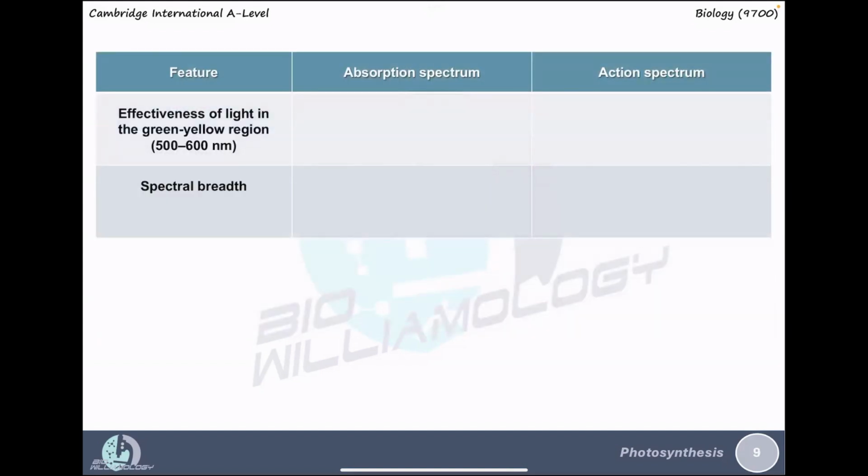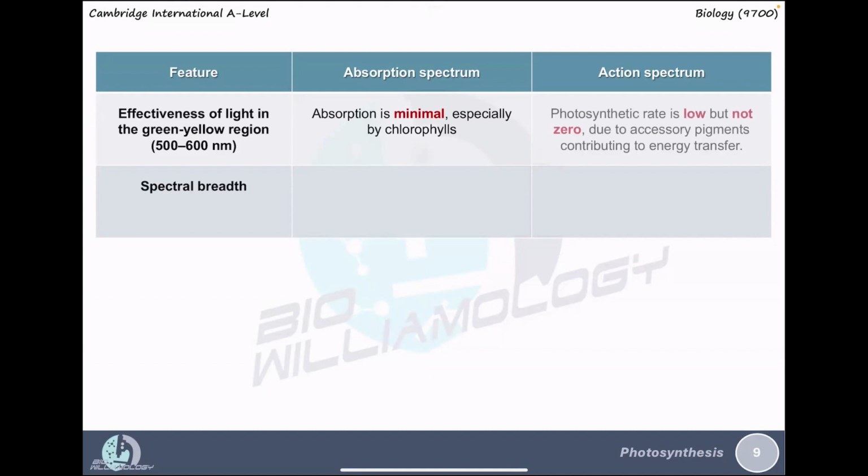Effectiveness of the light in the green-yellow region, about 500 to 600 nanometer. Absorption is minimal, near to zero, particularly chlorophyll molecules show no or very low absorption in the green-yellow region. However, for the action spectrum, the photosynthetic rate is low but not zero because there are other accessory pigments that contribute to the energy transfer.